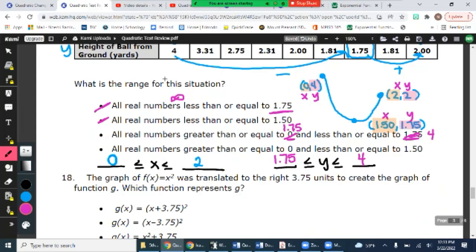But if you have numbers on both sides, your sentence will be written in this form. All real numbers greater than, they're bigger than 175, but less than 4, meaning it has to be in between. Numbers bigger than 175, numbers less than 4, okay? So if you have numbers on both sides, this is what your sentence will look like.